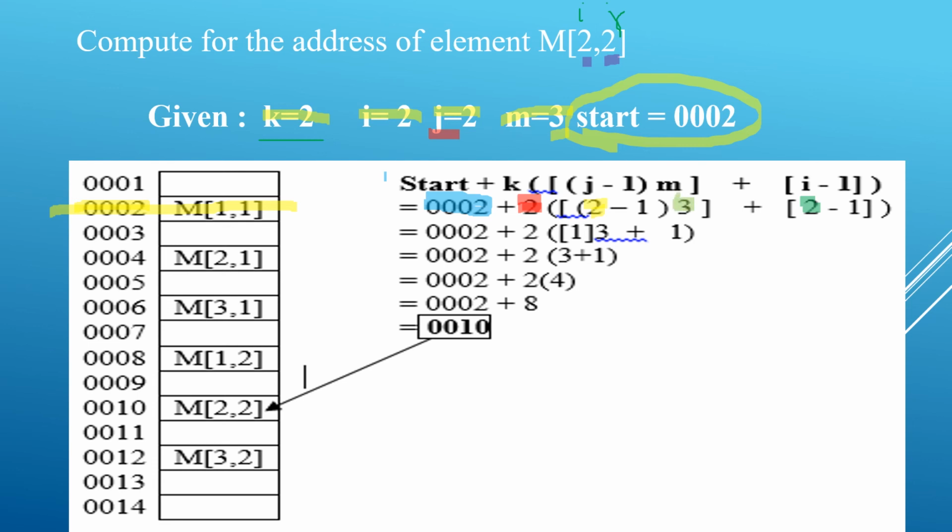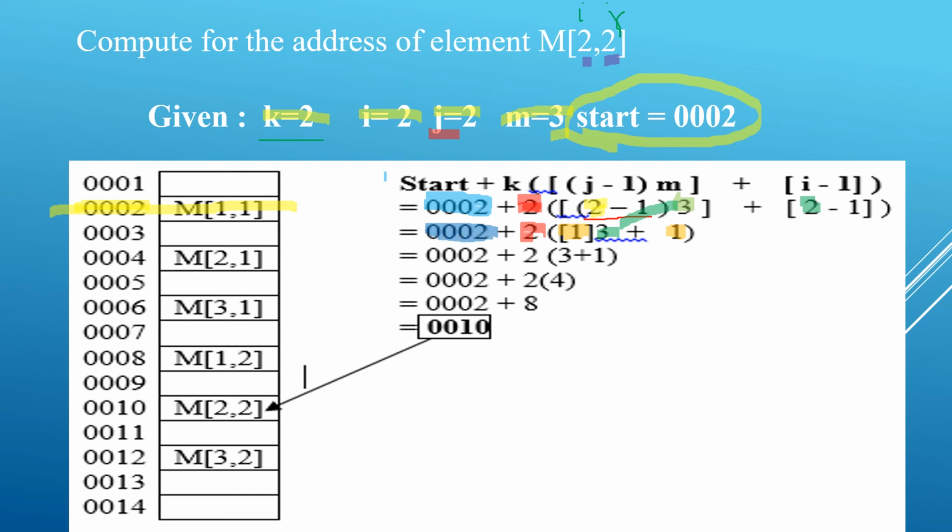After substituting the values, we compute based on the expression. We have here 2 minus 1. Let's first evaluate what's inside the parentheses. So 2 minus 1 is 1. And then we have 2 minus 1 again, which is 1. The 3 is copied from here, the 2 is k, and the starting address of the first element is copied as well.